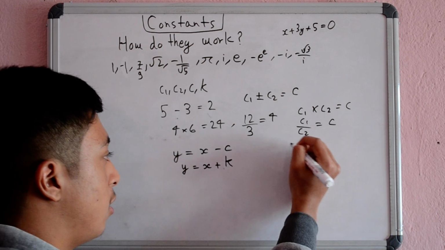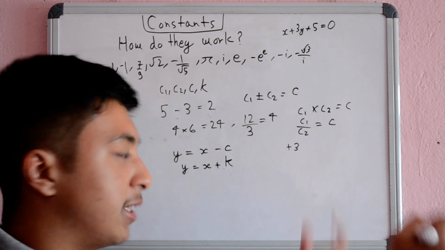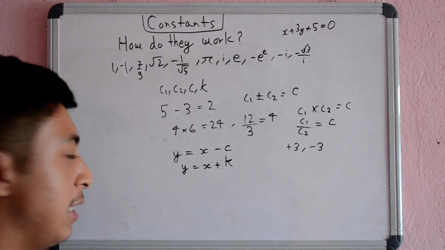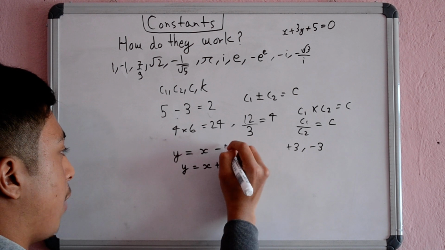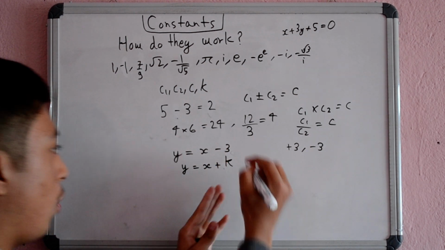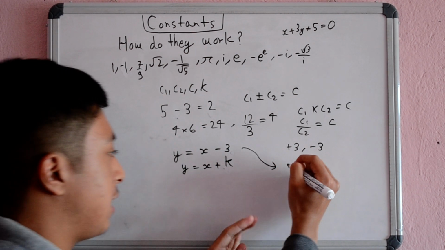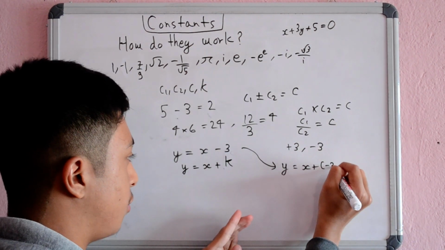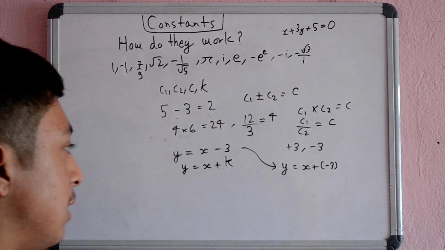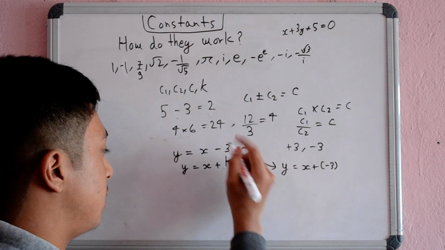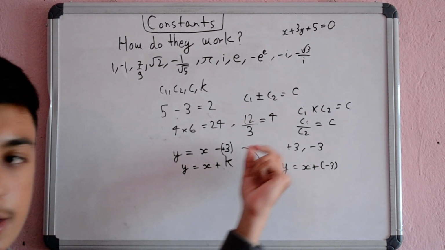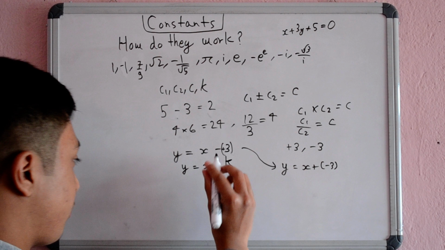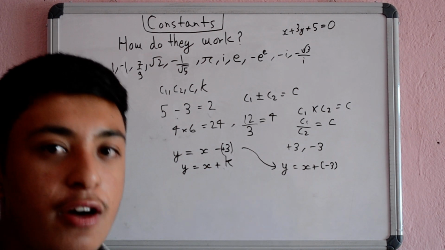So that means plus 3 is a constant as well as minus 3 is a constant. So here, let's use minus 3. What I can do is write it as y equals x plus minus 3. And here this minus 3 is a constant as well as this plus 3 is also a constant. So that means that we can change the sign of constants.